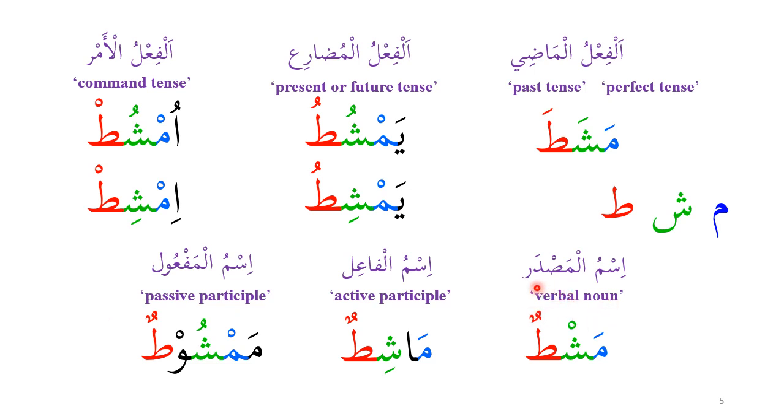Ismul masdar, in this case, it will be mish-tun, which would mean combing. Remember, mish-tun means a comb, but mish-tun means the act of combing. And ismul fa'il, or the active participle, or the doer, mashitun, one who is combing, and mashtut would mean the passive participle, or in this case, it would mean combed.